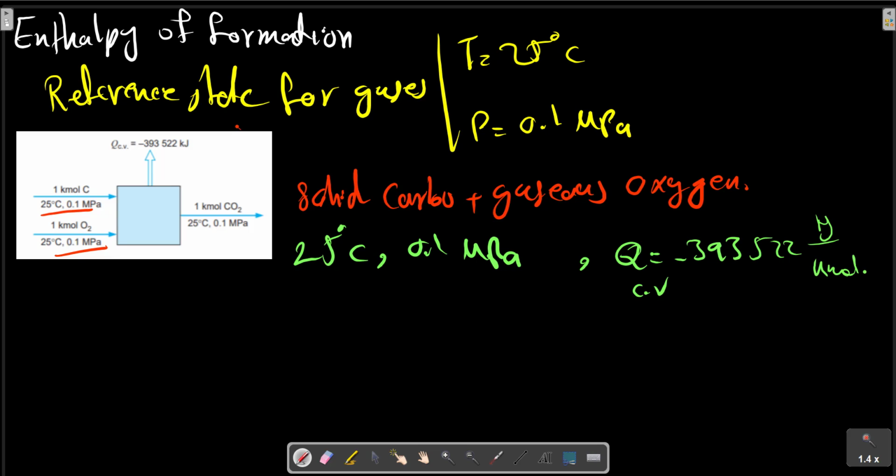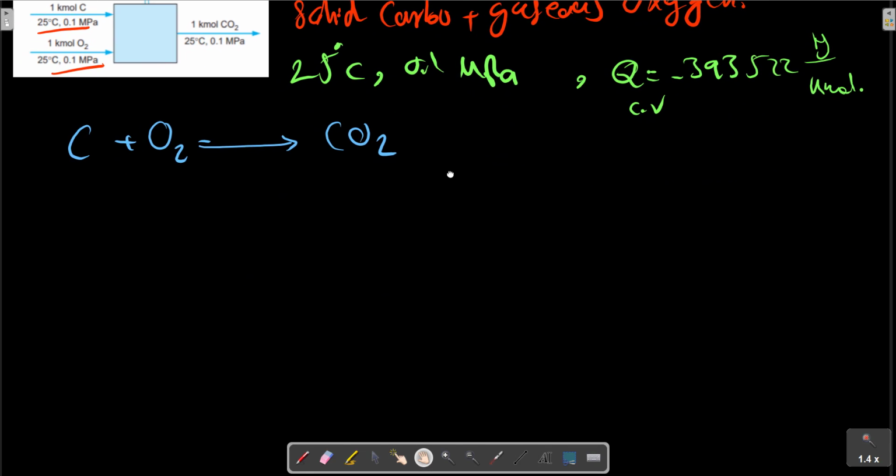The chemical reaction can be written as this relation: carbon C plus oxygen O2 gives CO2, carbon dioxide.